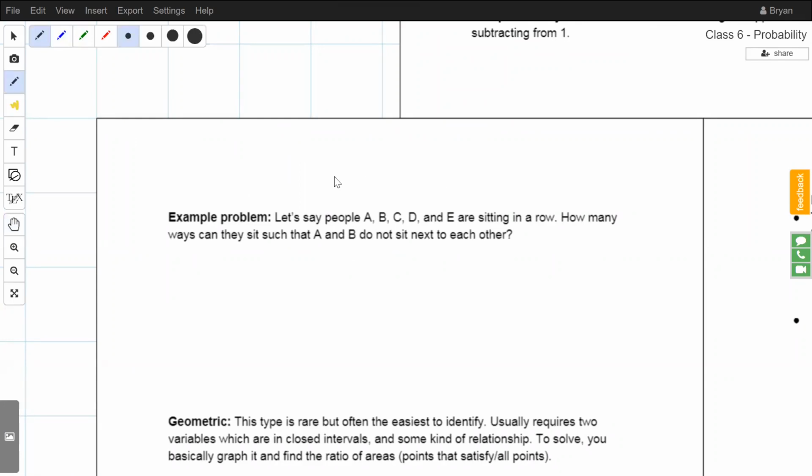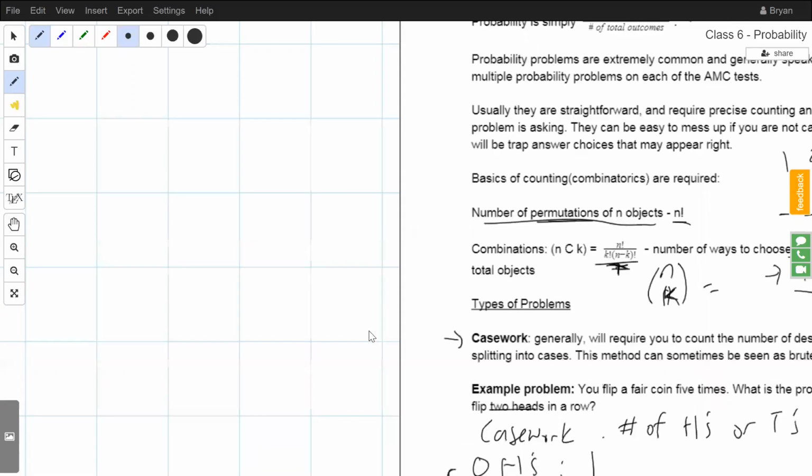You could do casework on where A and B sit, and that actually is not a bad method, but an easier method would be to count the total number of ways that they can sit, which is 5 factorial. And then we can subtract the cases where A and B are sitting next to each other, and then divide by 5 factorial again.